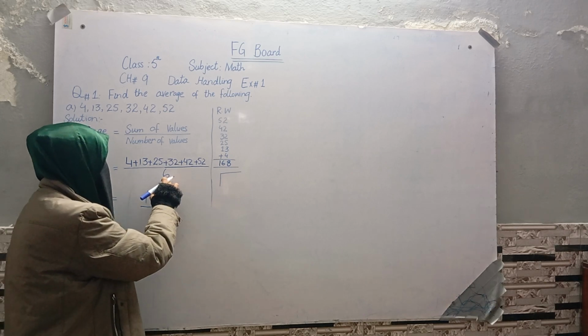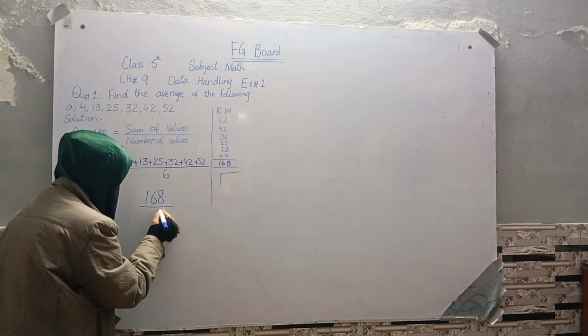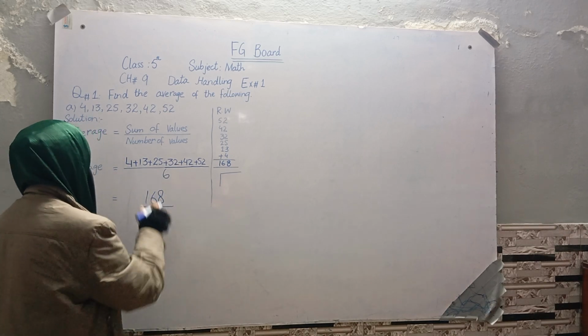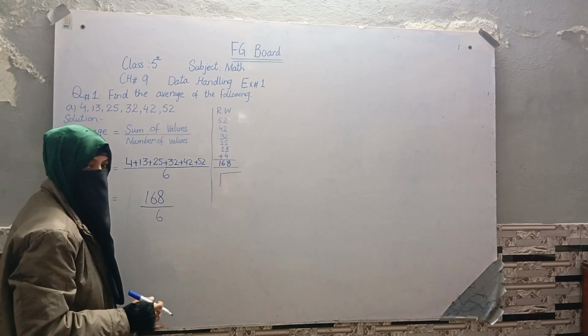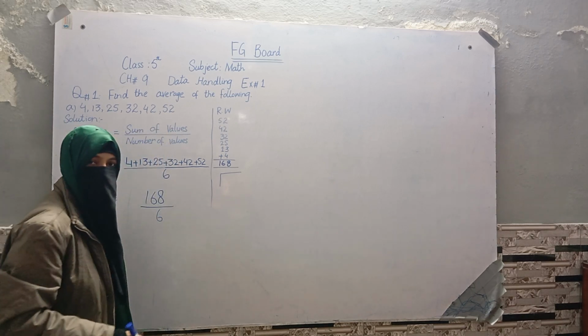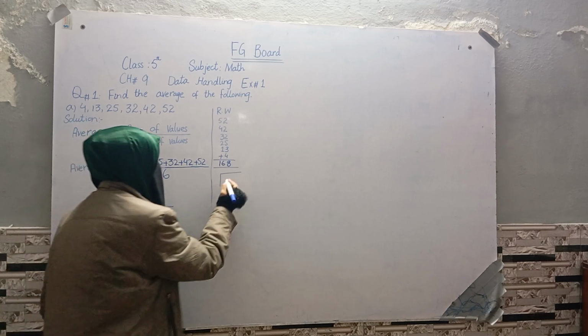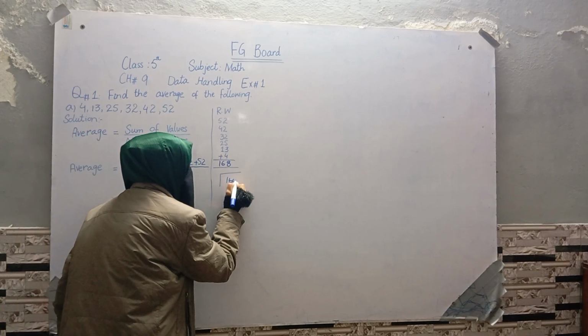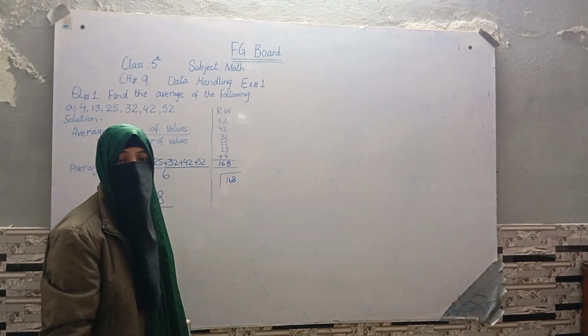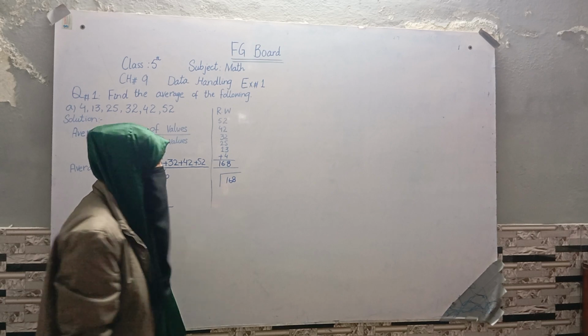And the number of values is 6, because these all values were 6, and I put the 6. Now we again divide on the rough side because you are not allowed to use the calculator.